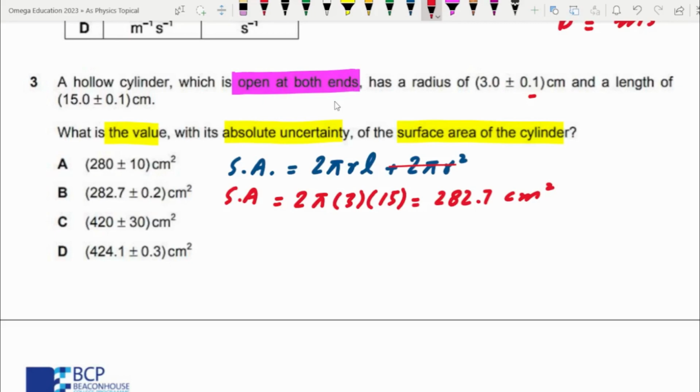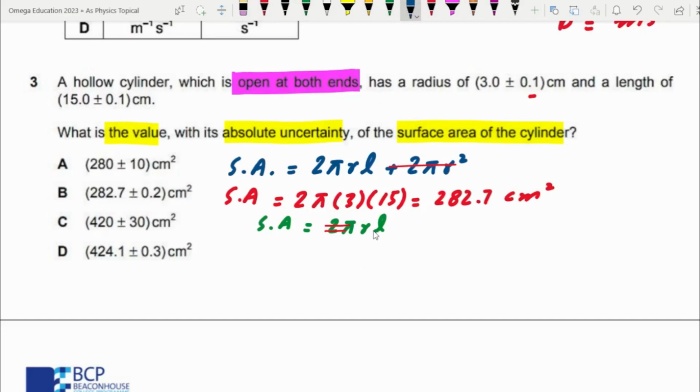So now I'm going to find the uncertainty. What formula do we have? Surface area equals 2 pi RL. In the calculation of uncertainty, all the quantities that have no unit, the constant numbers, are ignored. So 2 pi is ignored, thrown in the trash can.